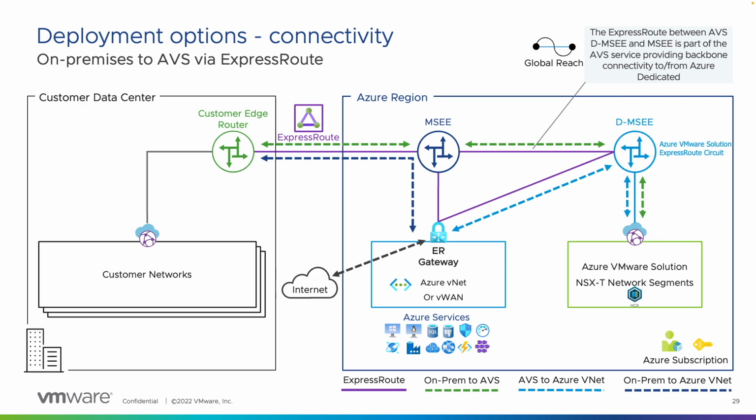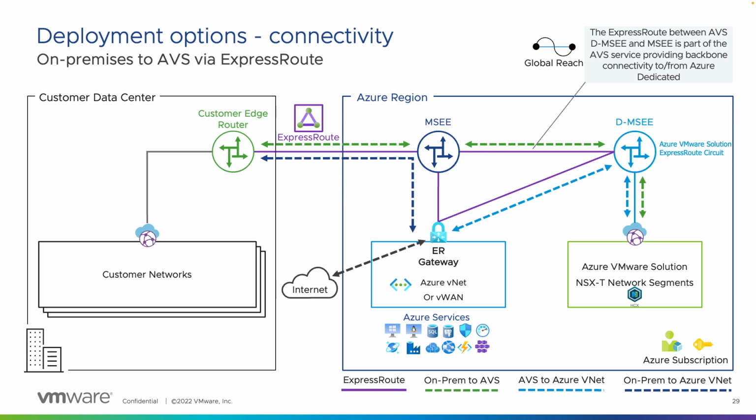Global Reach is a Microsoft feature that we're going to use to connect the two ExpressRoute connections together, providing a direct connection from on-prem into AVS. Global Reach is the best option and highly recommended because it provides the best performance for data center migrations.